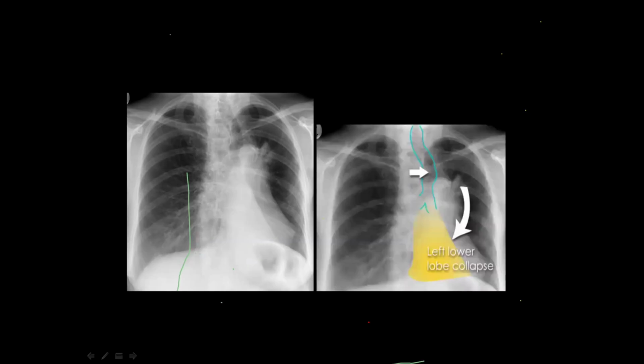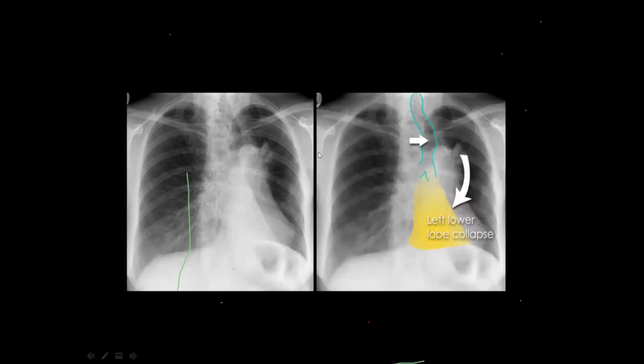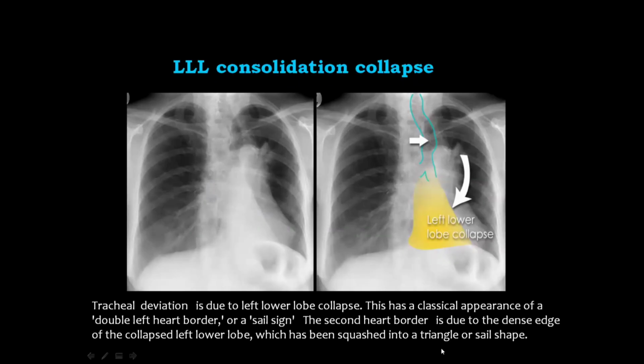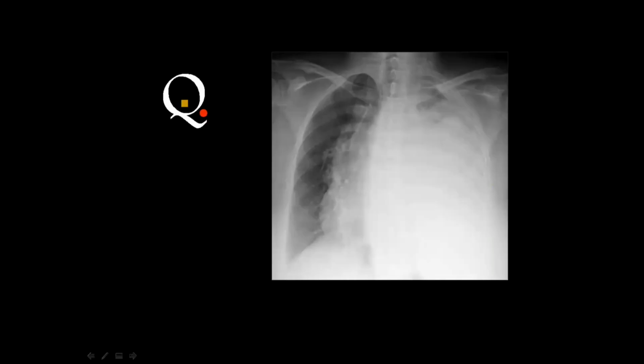And you know that the left lower lobe, when it collapses, goes posterior to the heart because the lower lobe is posterior, and it will form a triangular-like opacity posterior to the cardiac shadow. This will result in volume loss and tracheal shift, and also sometimes mediastinal shift to the same side. This is left lower lobe consolidation collapse.